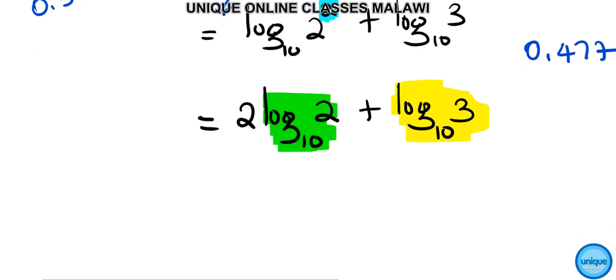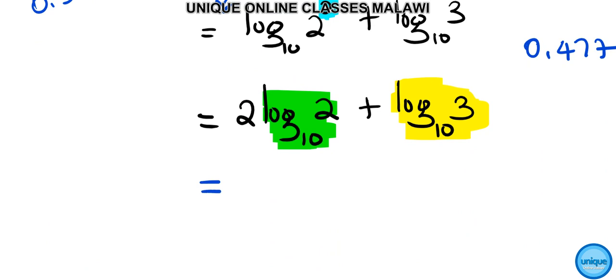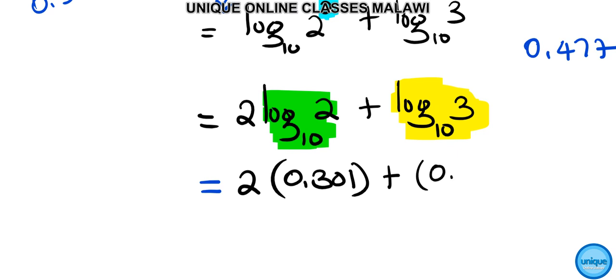So here it will be 2 times open bracket 0.301 plus 0.477.